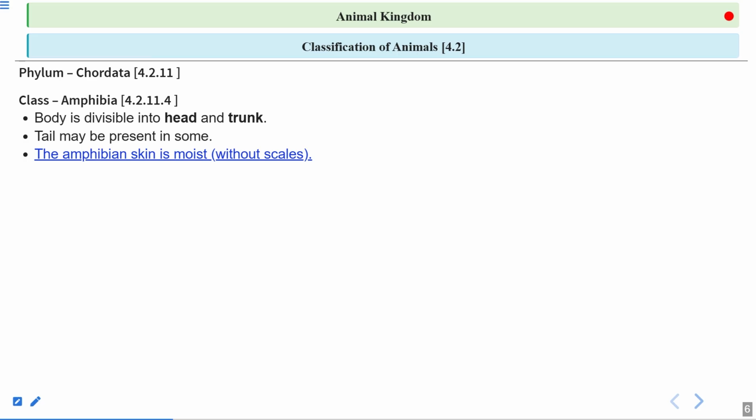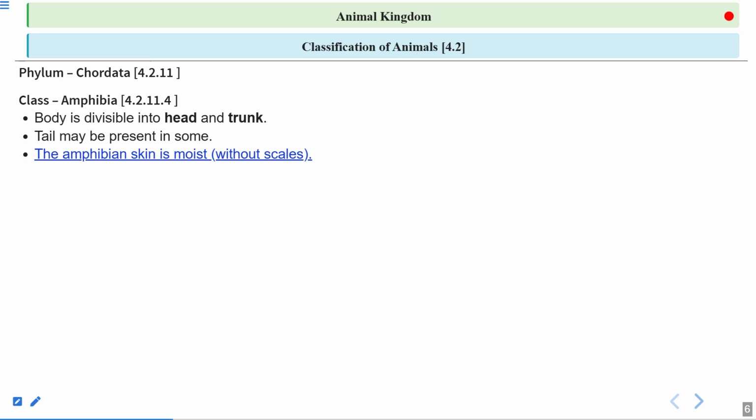Frogs have both gills and lungs? No. Frogs have only lungs when they are developed. In the adult form, they have only lungs as the main respiratory organ.